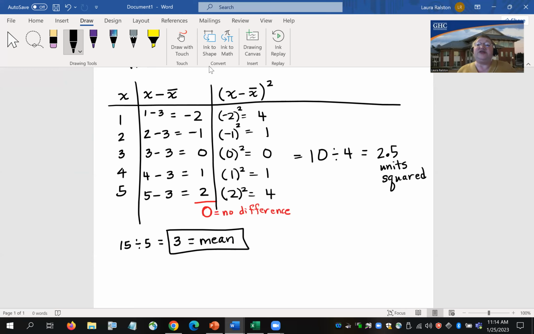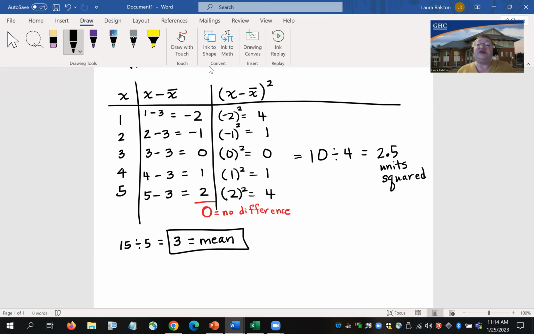Minitab will calculate it. So you don't have to really know the formula or that process that I was just demonstrating for you. Be thankful. Miss Ralston used to have to sit and do those hand calculations and create that table.